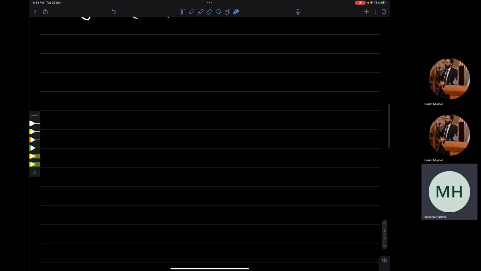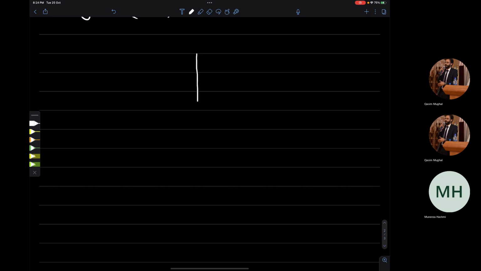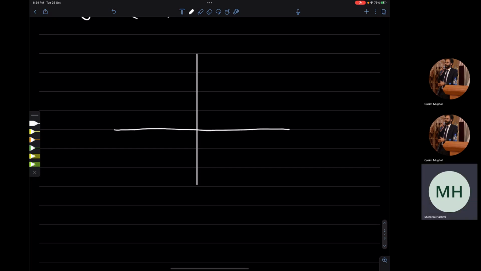Now, first of all, what are we going to look into once we have the graph? Like if you are drawing a rough sketch. So, for example, I have a graphical grid. I have the x-axis and I have the y-axis. There is no grid behind it, it's just a blank white paper behind the x-axis and the y-axis.